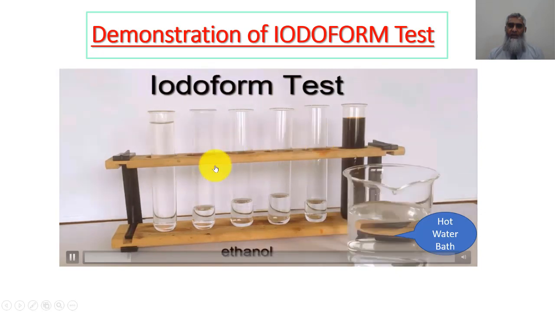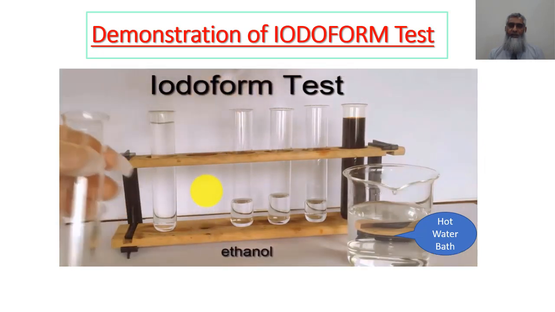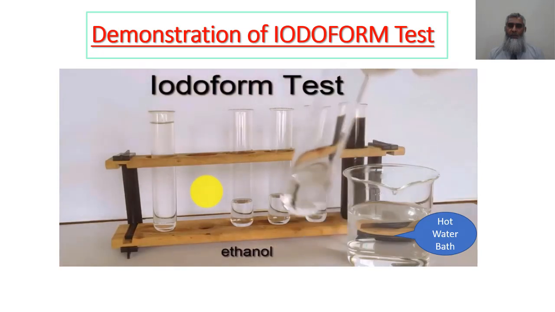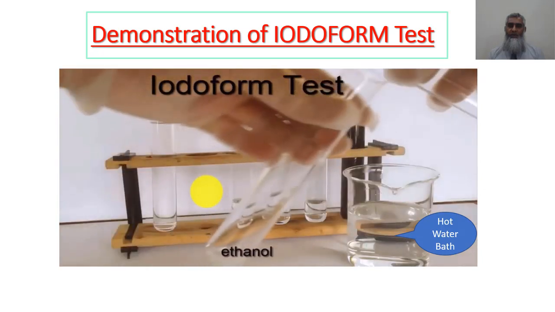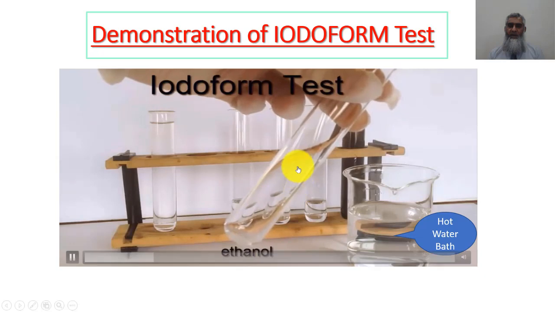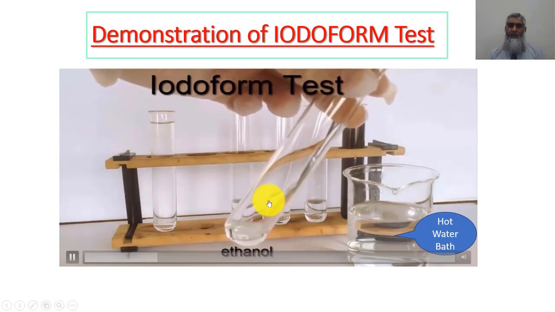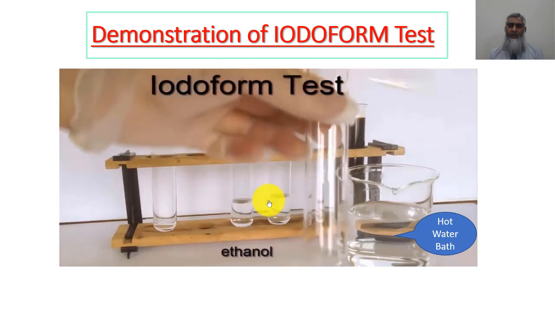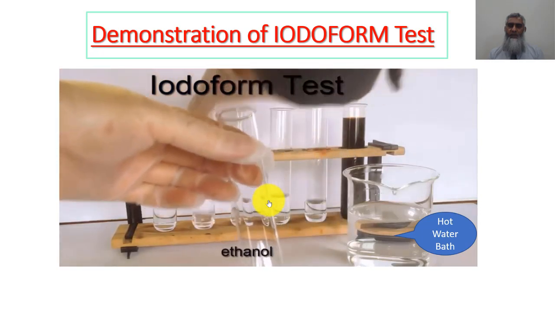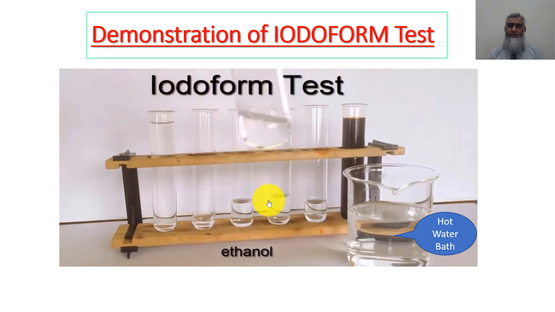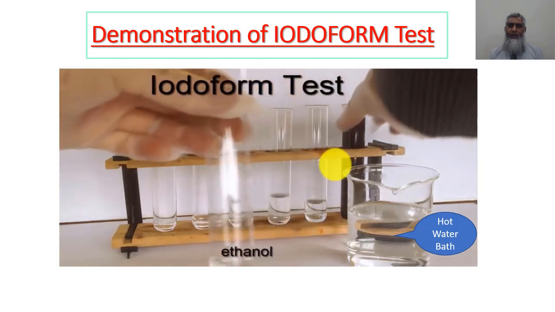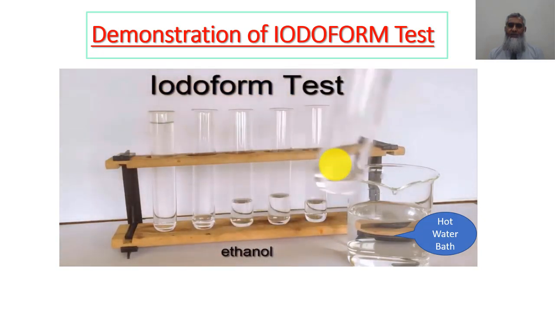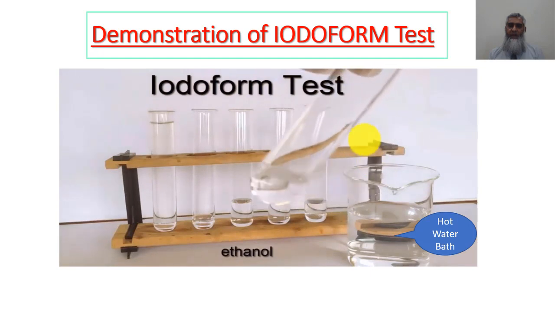We have to identify ethanol. Let me take ethanol in a test tube. About 1 to 2 cubic centimeter of ethanol is sufficient for the identification test. Now add iodine solution to this ethanol.